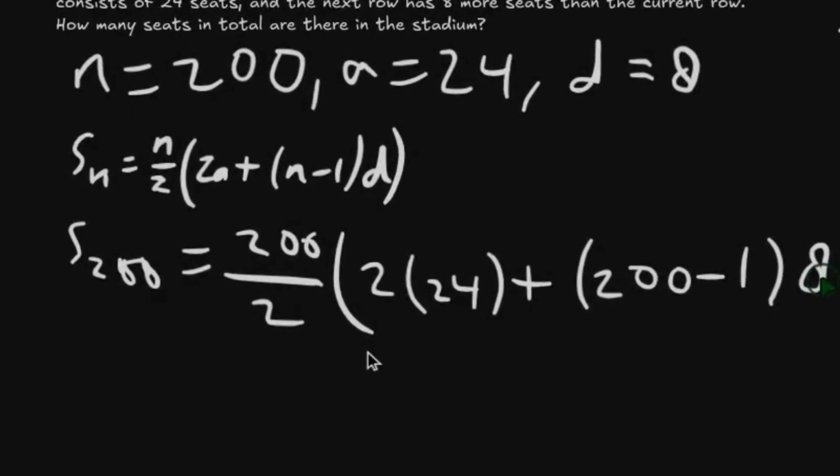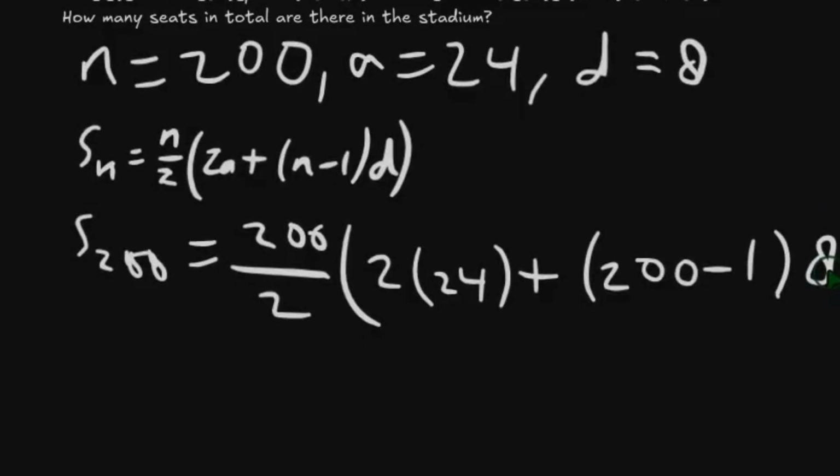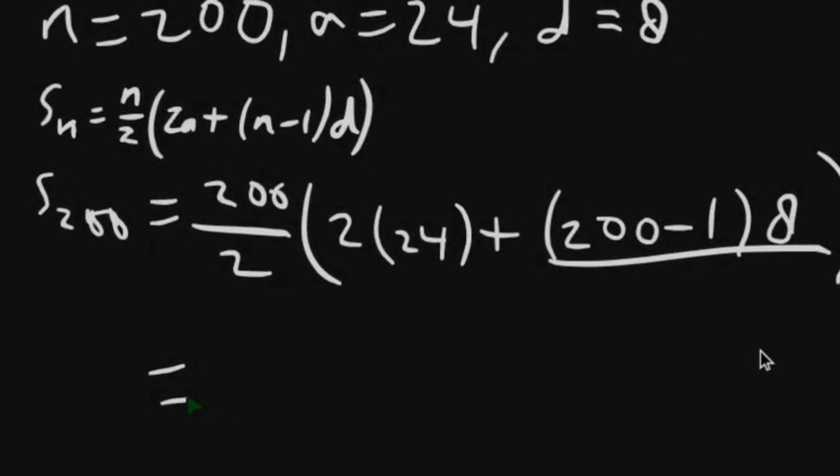If you find this form difficult to calculate, since you have to calculate 199 times 8, you can actually distribute it. But first, let's do the other calculations. 200 divided by 2 is 100. 2 times 24 is 48.